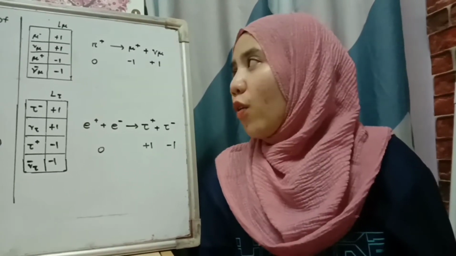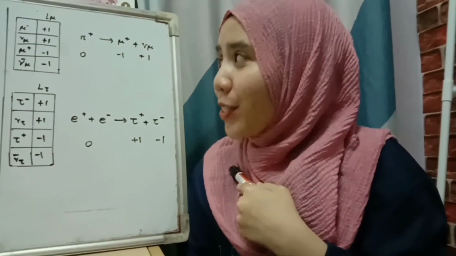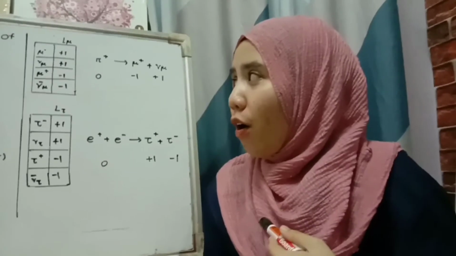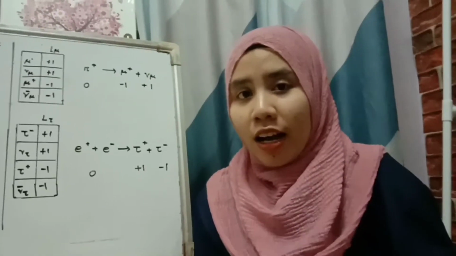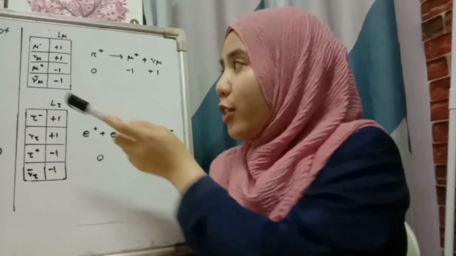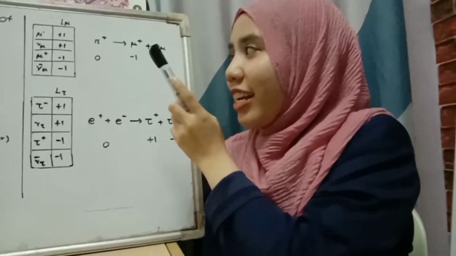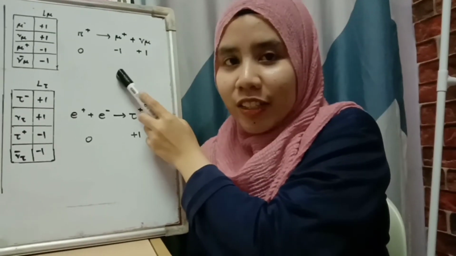Okay, next we go to this part. This part is to explain the decay of the muon. So we come up with the concept of the muon lepton number. This table, and this is the reaction. This reaction shows that it occurs in nature. Why?